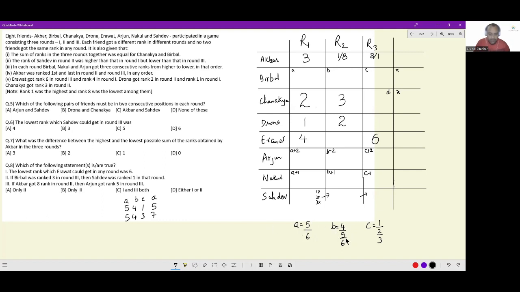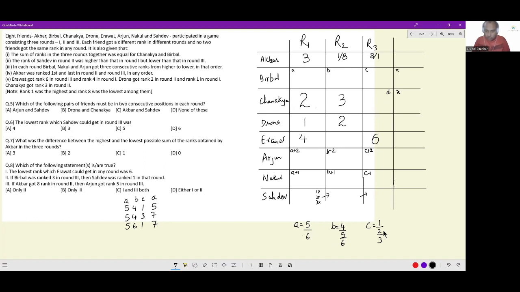5, 5 is not possible anyway because every row is supposed to be distinct. How about 5, 6, 1? If I take 5 and 6 and 1, then the D value would turn out to be 7, because 2 plus 3 plus 7 will be equal to 12. Okay.